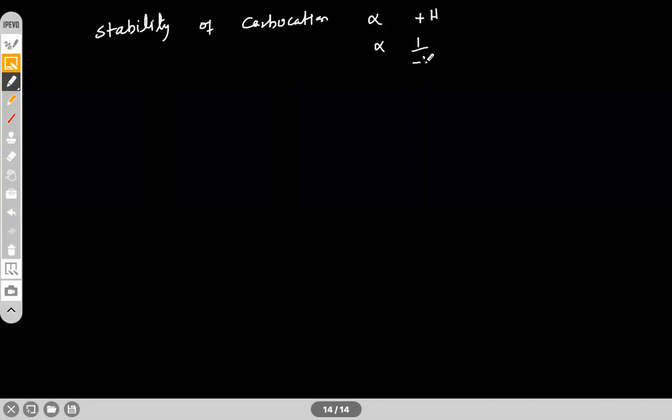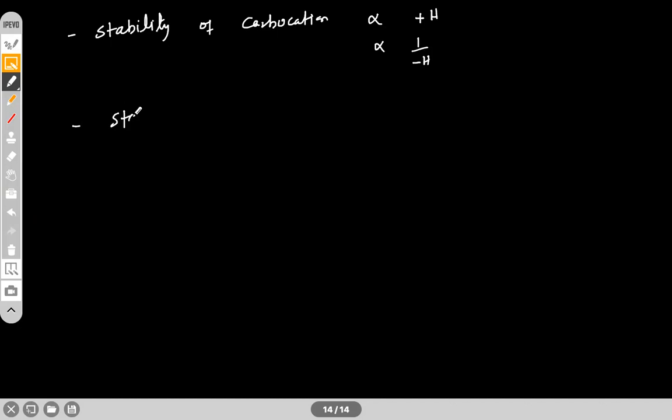It is directly proportional to plus H and inversely proportional to minus H. Stability of carbanion is directly proportional to minus H, inversely proportional to plus H.